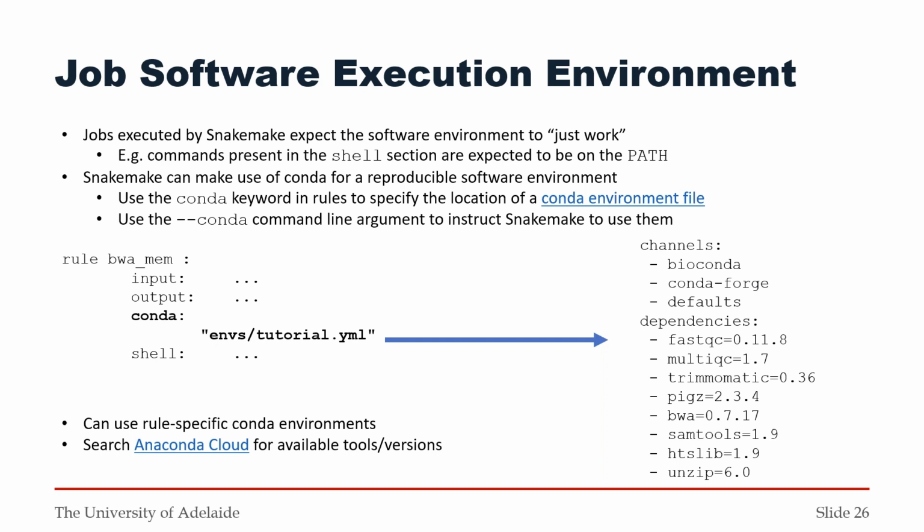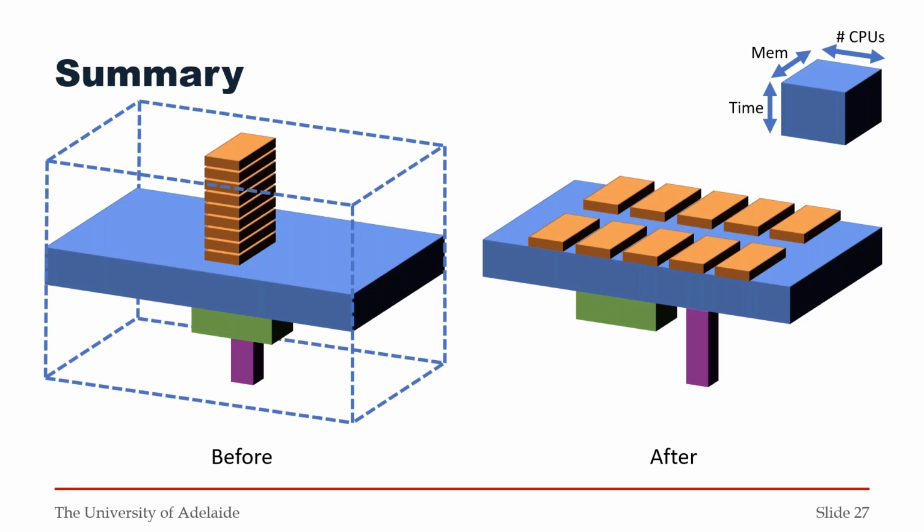Okay, so just to summarize this, previously we had maybe a single script that executed things serially, and this whole script would potentially be queuing in a system because of the large over specification of resources required, as indicated by this dotted line box.